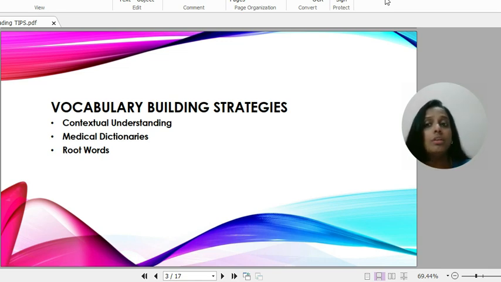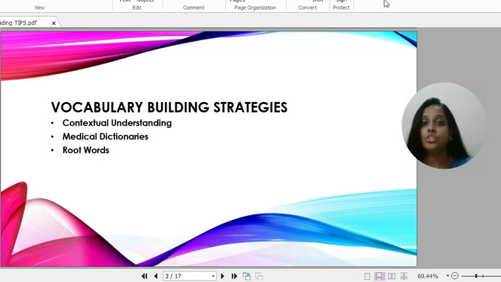The next one is root words. You need to learn the building blocks of medical terms. Medical terms are often made up of root words, prefixes, and suffixes that provide clues about their meaning. Understanding common medical roots will help you break down complex terms. For example, if you take the word cardi, it refers to the heart.